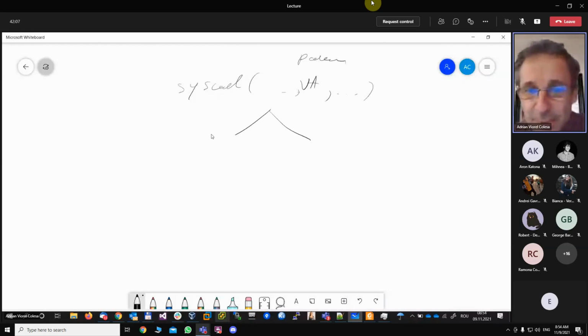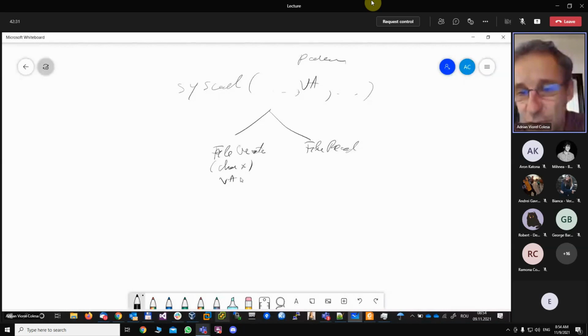There are 2 kinds of such system calls. Let me give them as examples. For instance, file create, and the other one was the file read, the read I showed you before. For file create, you are given as the only parameter a pointer to char, which is a virtual address.